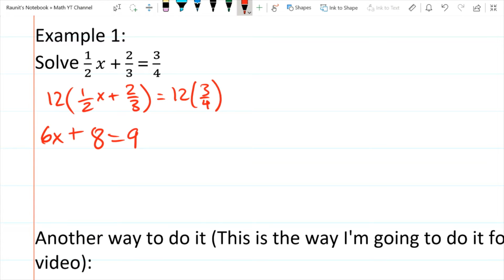So then you have 6x plus 8 equals 9. Remember, in order to get rid of the 8 and bring the numbers onto one side, you have to subtract 8 from both sides. So there you would get 6x equals 1, and then you divide both sides by 6, and then you get x equals 1/6.